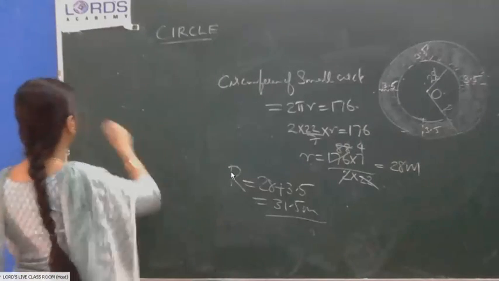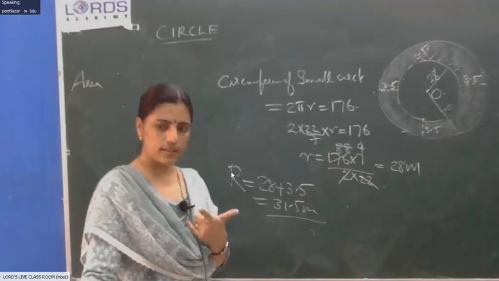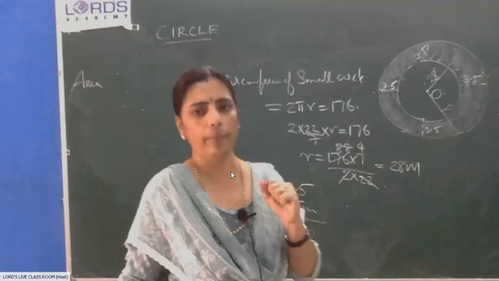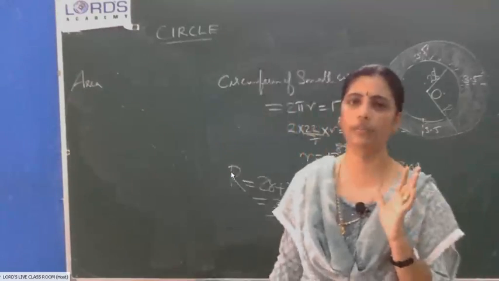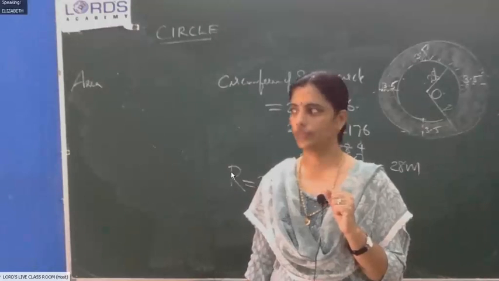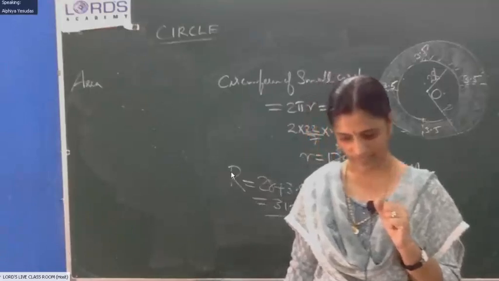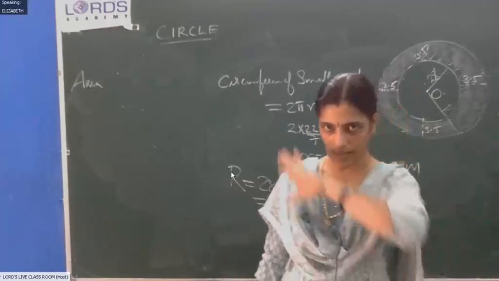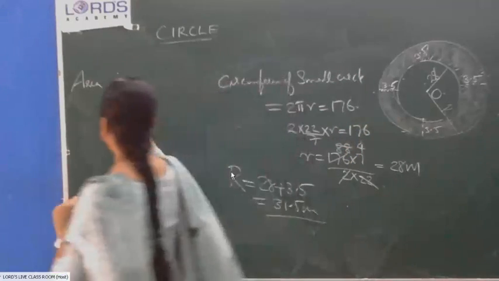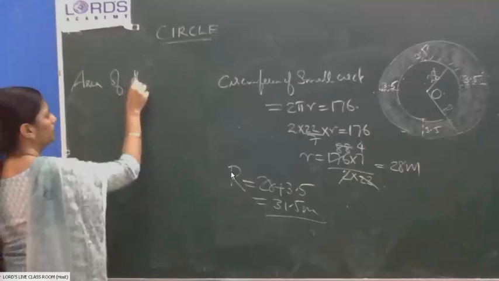Now, area, for what purpose we found these things? What they ask? Area of the path, shaded portion. How we will get the area of the path? Area of the big circle minus area of the small circle. Correct, all of you right.